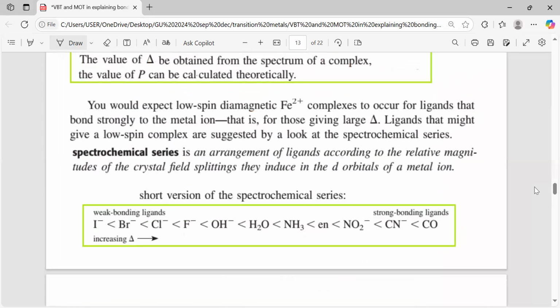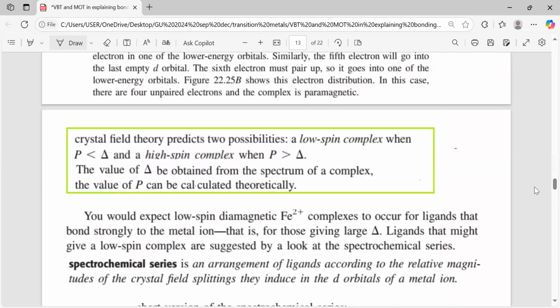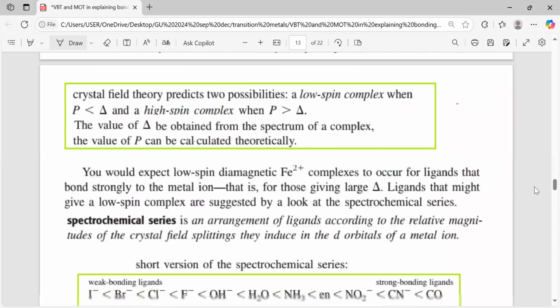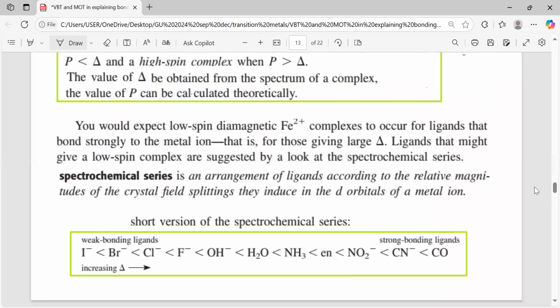So you would expect low spin diamagnetic complexes to occur for ligands that bond strongly. They're just telling us we should expect ligands that bond strongly to cause you to form diamagnetic, low spin complexes.